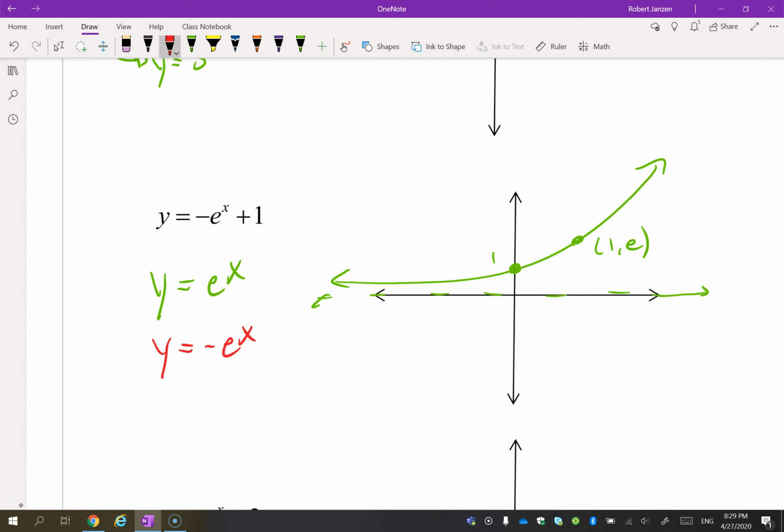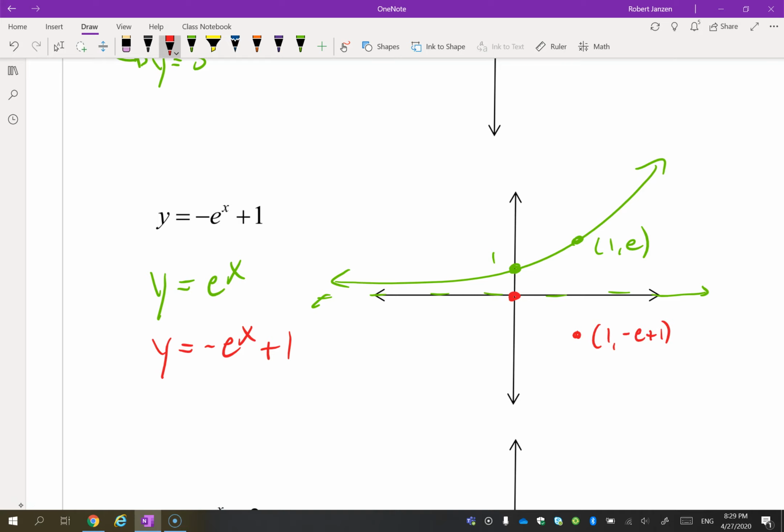But then we're also going to add 1. So let's do this in one step. If I take positive 1 and go to negative 1 and then add 1, it's going to end up right here. If I do 1 comma e and I will make it 1 comma negative e, but then I add 1, it's going to be 1, negative e plus 1.